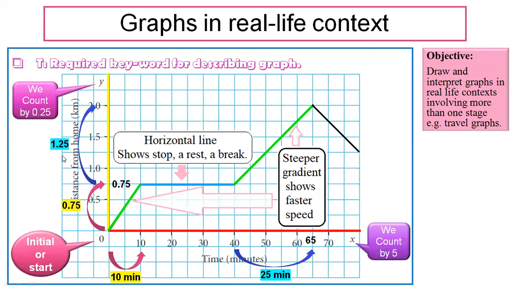You get the total distance for that stage only. So in the first stage, it moved 0.75 kilometers, then stopped, 0 kilometers, then moved again for 1.25 kilometers. Okay.